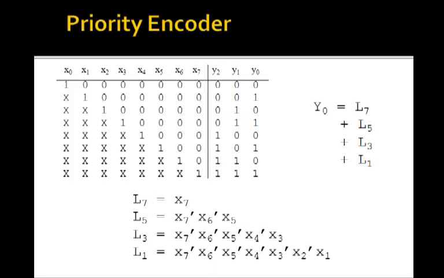And finally, y0 is L7 or L5 or L3 or L1. And L1, you see, all of these have to be 0 except x1, so it's not x7 and not x6 and not x5 and not x4 and not x3 and not x2 and x1. So those are how you find the logic equations for a priority encoder.